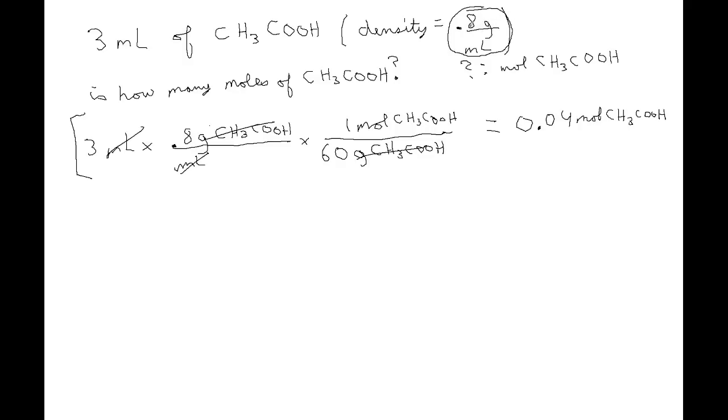You and I haven't worked much with density, but the point is that density can be used as a conversion ratio. Pretty much any concept that has fractional units can be used as a conversion ratio, just like you can use molar mass as a conversion ratio. That was a good process.